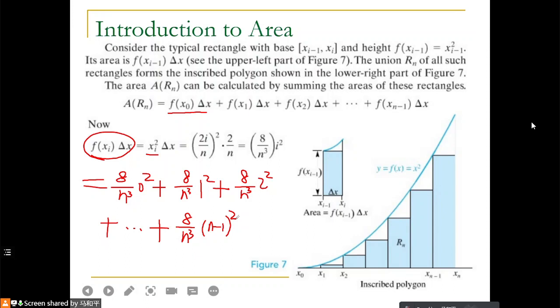And this is i from 0, starting with 0, ending with n minus 1.